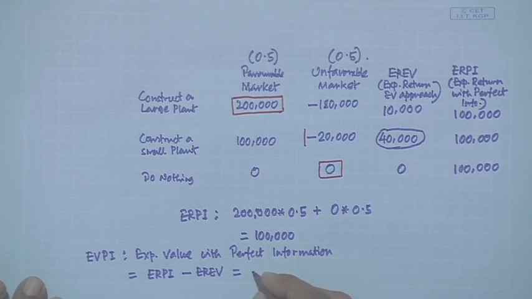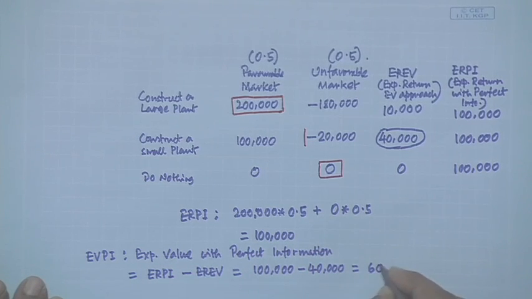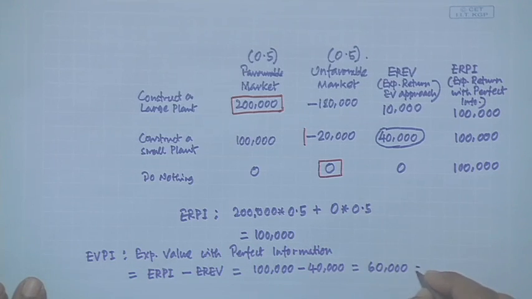That means, it would be 100,000 minus 40,000 because that is the return that we have got, and that would be 60,000. This 60,000 is what is known as the expected value of perfect information, and it can be called the value of information.